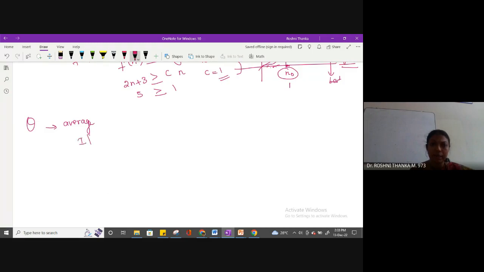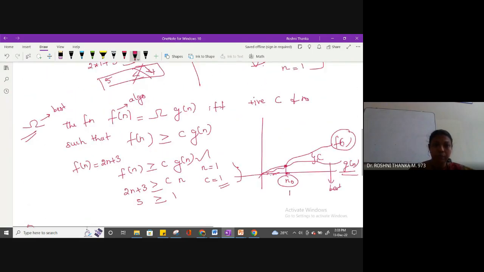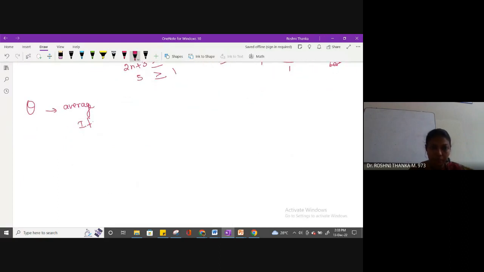As we have said here, we can say our function f of n is equal to theta of g of n for all the values of c and n naught such that, and this is now speaking about the average case, our f of n function should be less than or equal to c2 into g of n, and it should be greater than or equal to c1 into g of n.